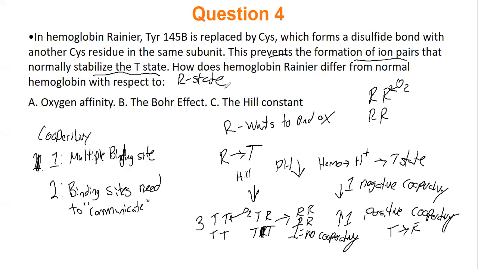Well, if you're thinking of a question, how about D as well? How is BPG affected? I guess it should be affected. Anyways, if I'm in Rainier, does BPG have more of an effect, less of an effect, or does it stay the same?